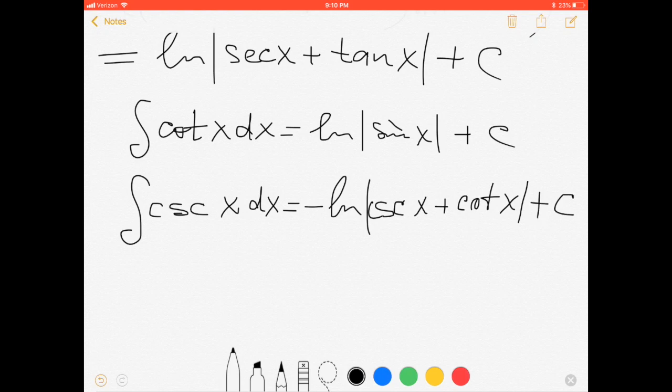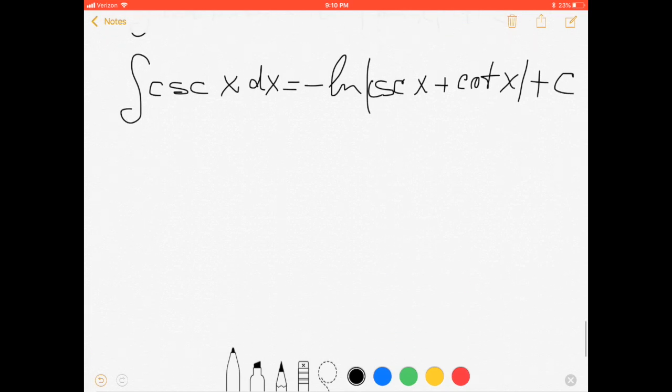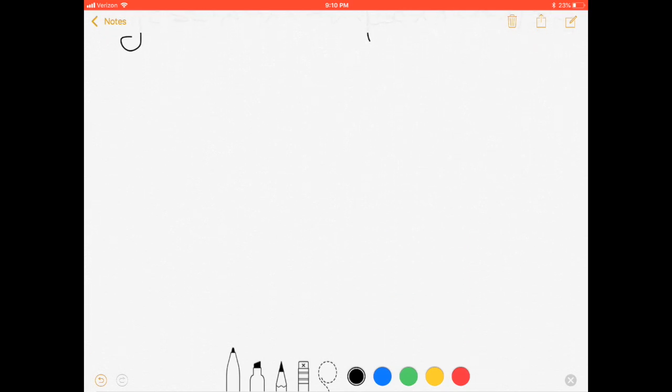And now we have proved a formula for integration of all 6 elementary trigonometric functions.